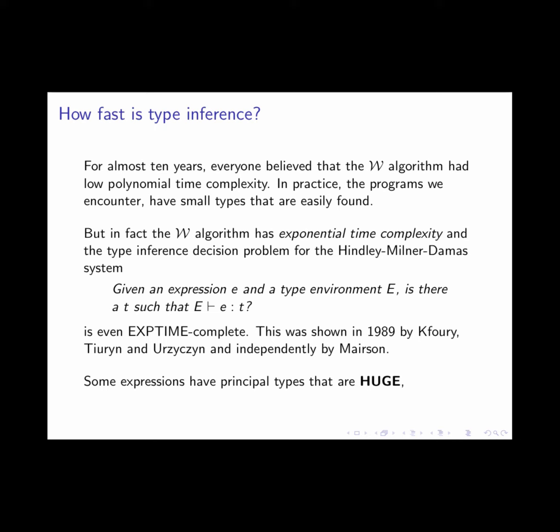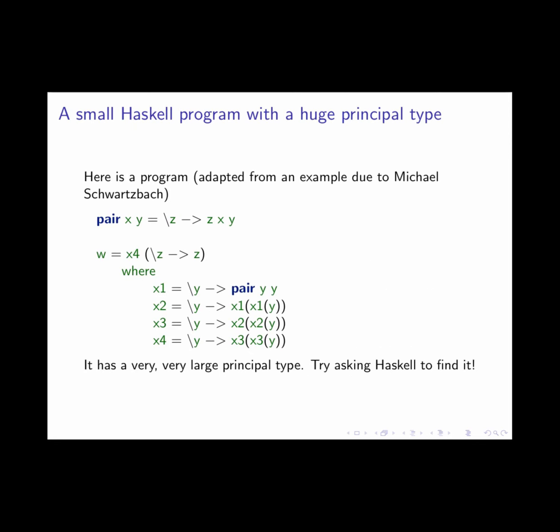And what we know now is that some expressions have principal types that are huge. Here's a program that's adapted from an example due to Michael Schwartzbach. It's a Haskell program that has an auxiliary function pair that takes an argument z, and then returns z applied to x y, and then we have w, which is x4 applied to the identity function, where we have x4 defined from x3, x2, x1.